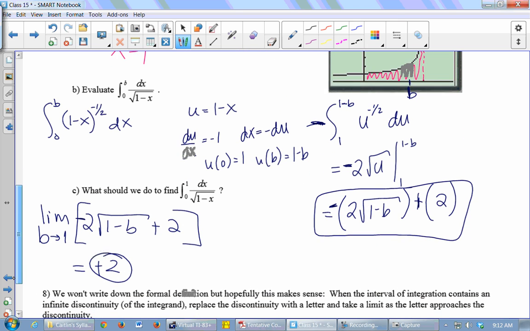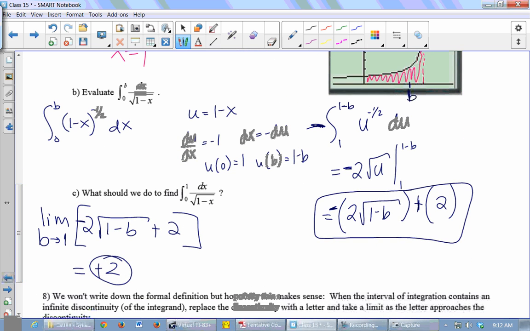Here we were approaching b from the left, right? Because b was approaching 1 from the left. And we just sort of, maybe we're taking that for granted because we drew the picture, right? So I would have written that approach 1 from the left. Yeah, you can and take the negative, yep.